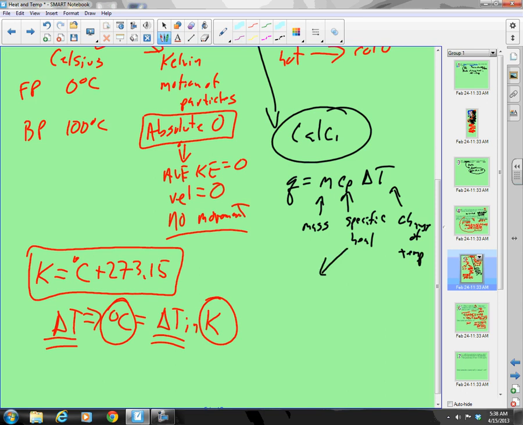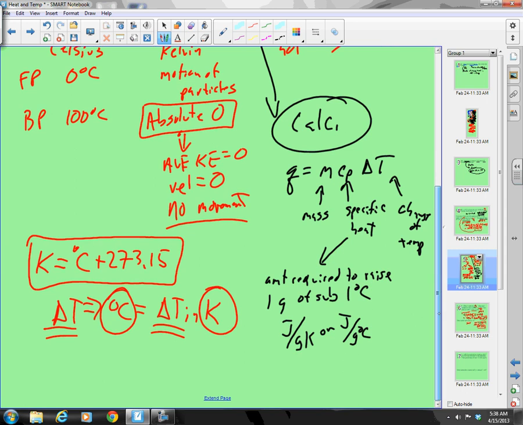The specific heat is what? It is the amount of heat required to raise 1 gram of the substance 1 degree Celsius or 1 degree Kelvin, right? And that is usually in joules per gram Kelvin or joules per gram Celsius, one of those two.